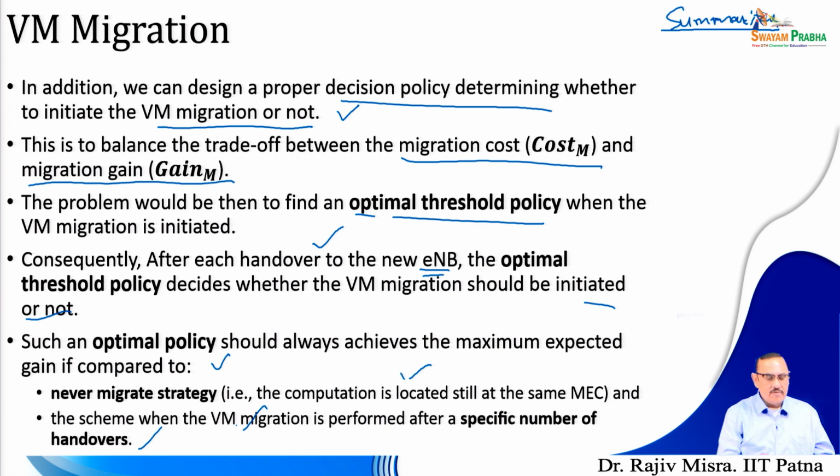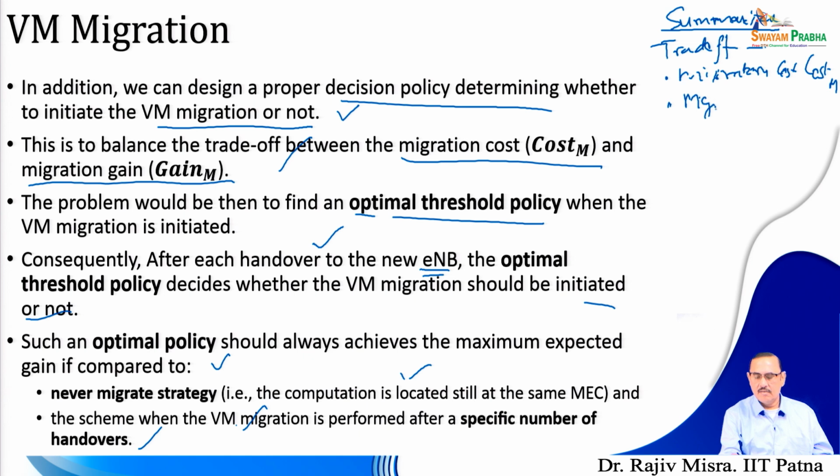Therefore, we have to treat the balance, the trade off between the migration cost, that is cost M, and the migration gain, that is gain M. Now, for that it requires to find an optimal threshold policy to deal with this threshold.